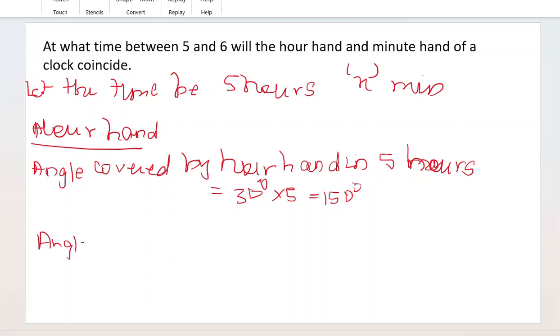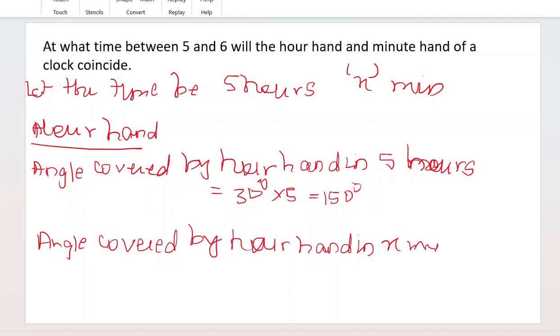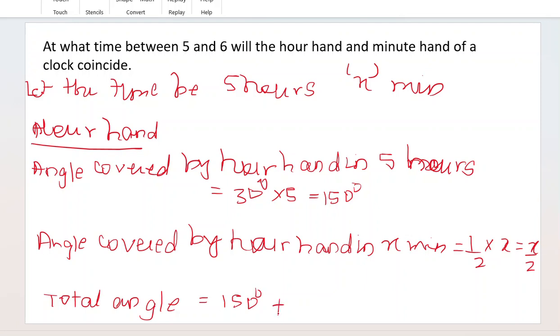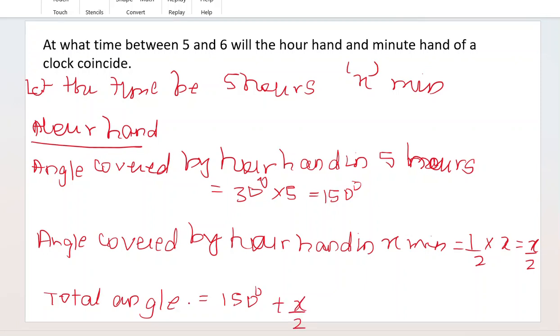So I take the angle covered by the hour hand in x minutes. When I say hour hand in x minutes, I will take half multiplied by x, and I will get x by 2. So over here, the total angle will be 150 degree plus x upon 2.